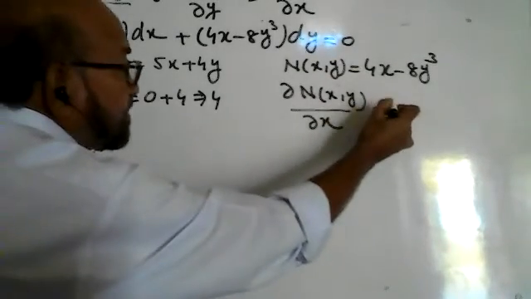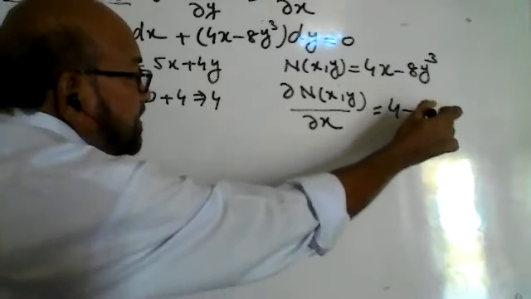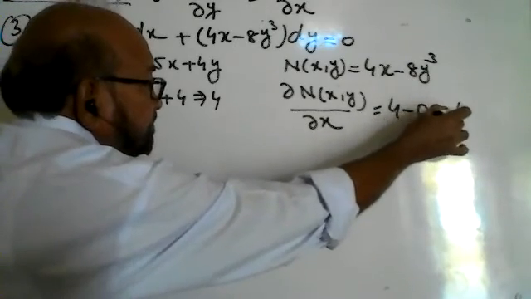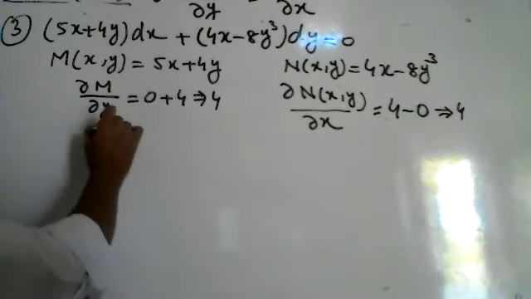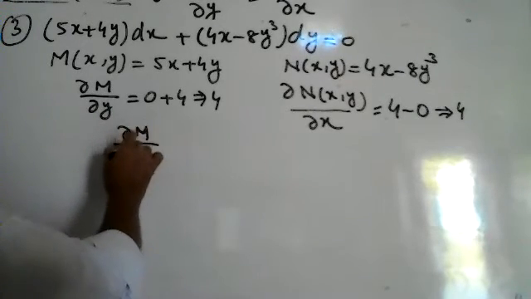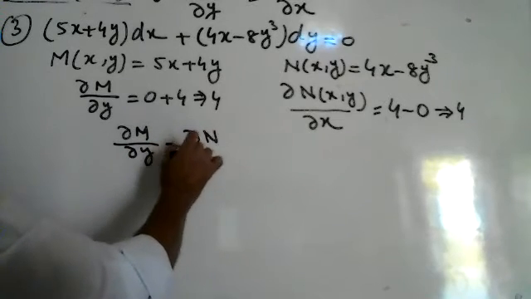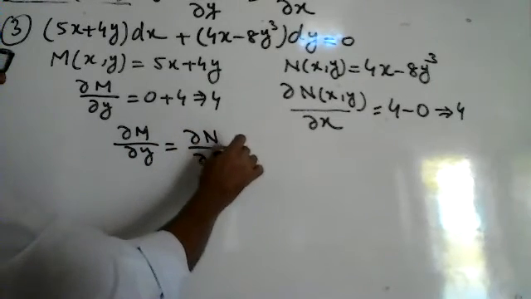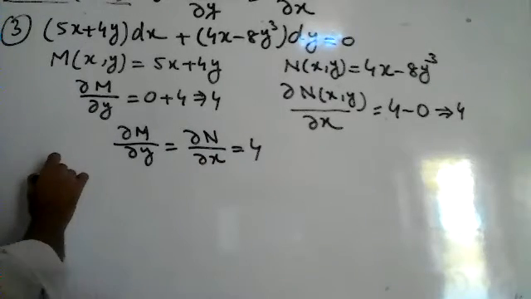This is 4, and there is no x here, 0. So the answer is 4. Both are equal. Del M upon del y is equal to del N upon del x equal to 4. Both are equal. Therefore, this is an exact differential equation.